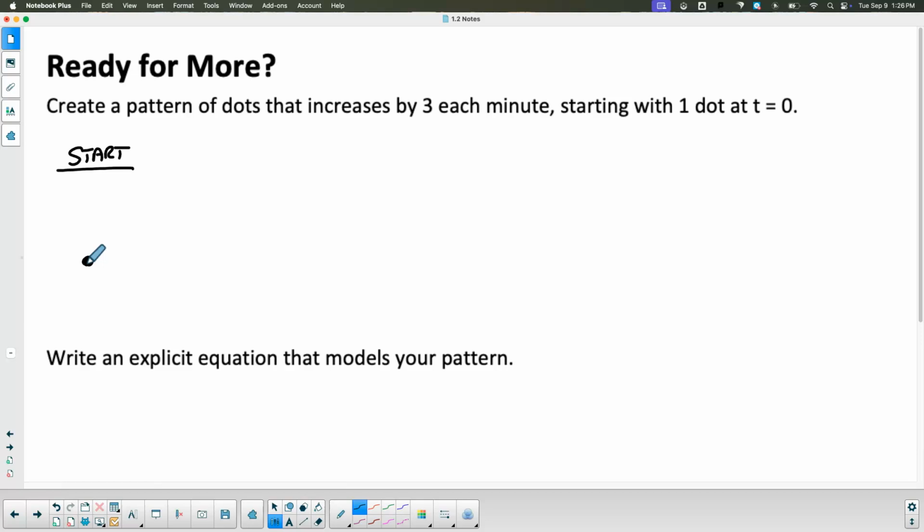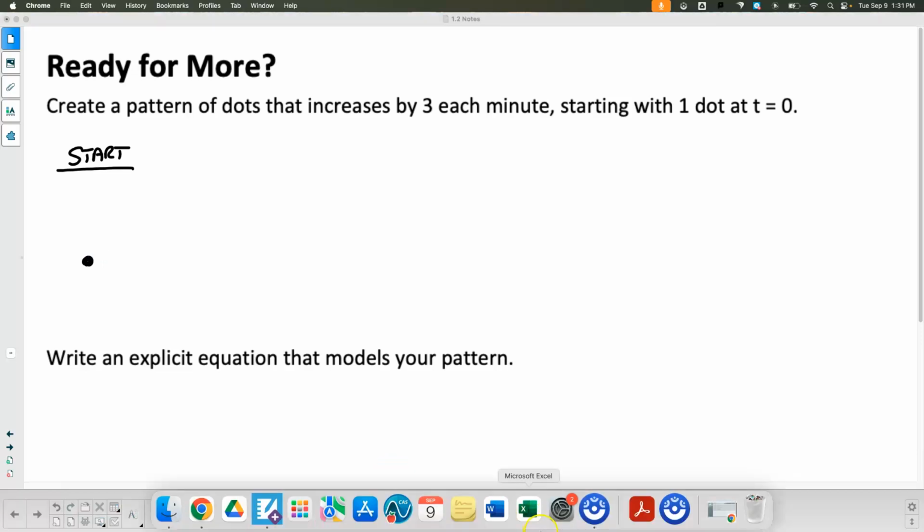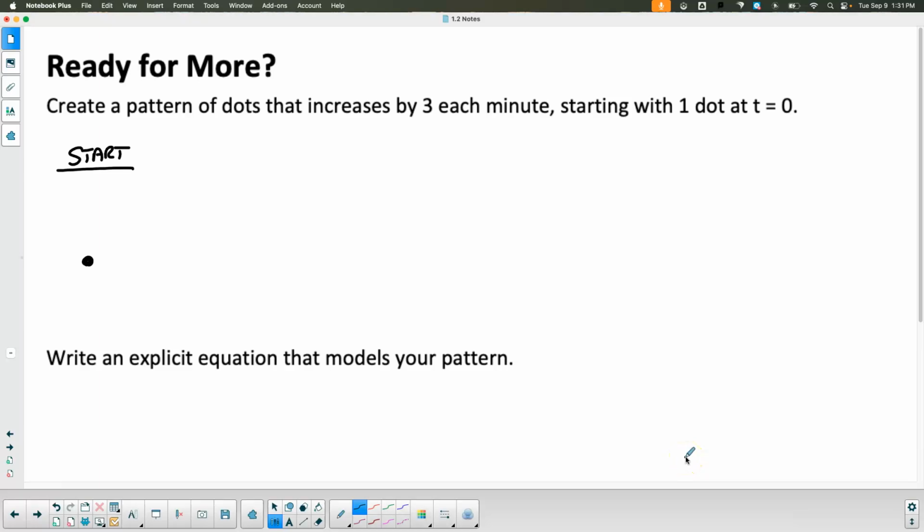Your pattern now is going to go up by 3 dots every time. Then I want you to make an explicit equation for yours. Your patterns can be all different, but your explicit equation is all going to be the same because everybody's starting with 1 dot and everybody's going up by 3 dots. Now you get to choose your color. Down there, yep.